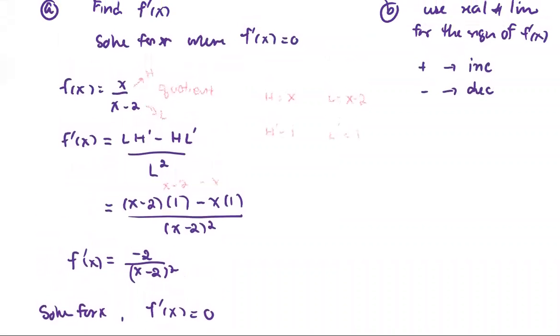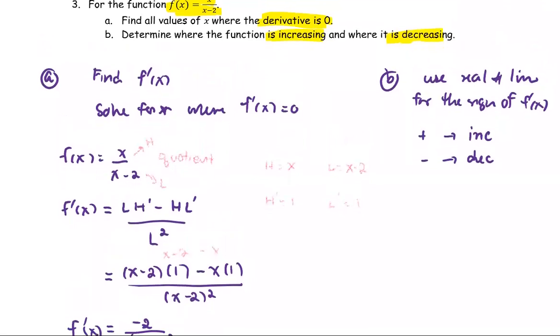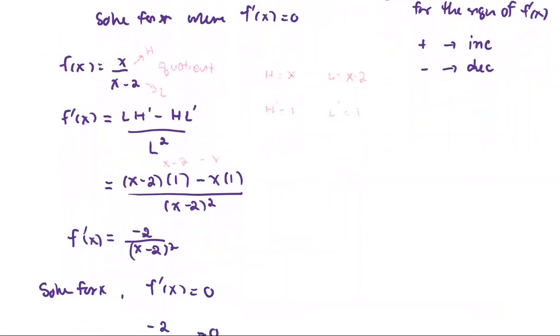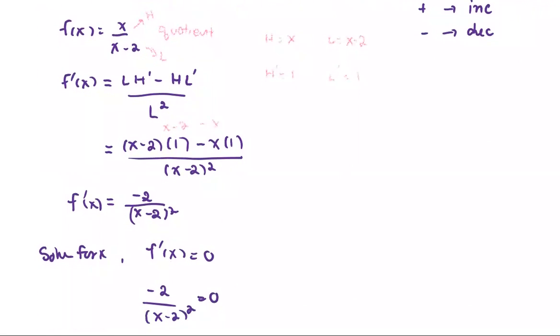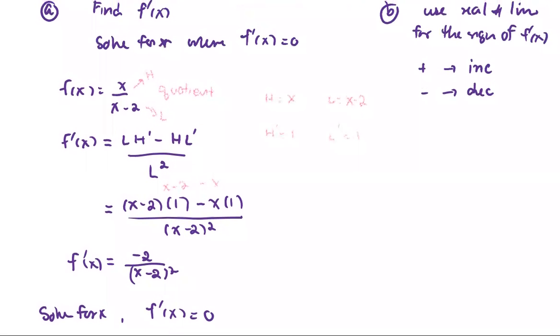Now we're going to find out the intervals where the graph is increasing or decreasing in part B, as you use the derivative to determine the intervals of increasing and decreasing. If the derivative is positive, the graph is increasing; derivative negative, the graph is decreasing.